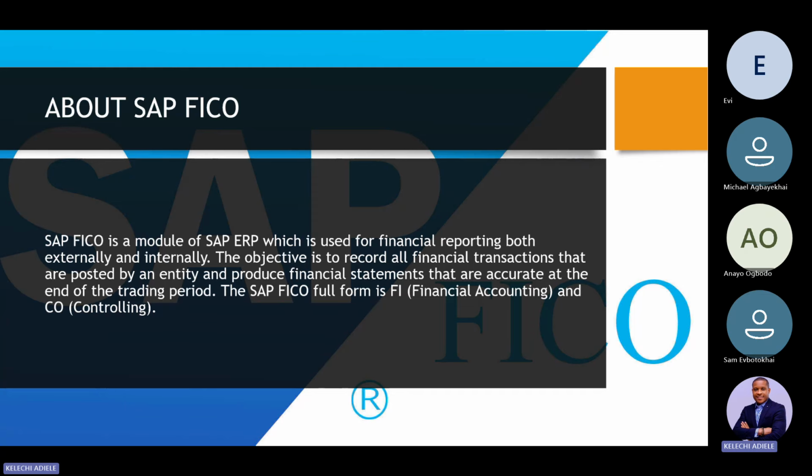Now let's talk about FICO as a module so that you have a solid foundation as to what you're getting into. SAP FICO is a module in SAP S/4HANA or ERP, which is used for financial reporting, both externally and internally. It's used majorly, not just for financial reporting, but I think financial reporting is the end product.